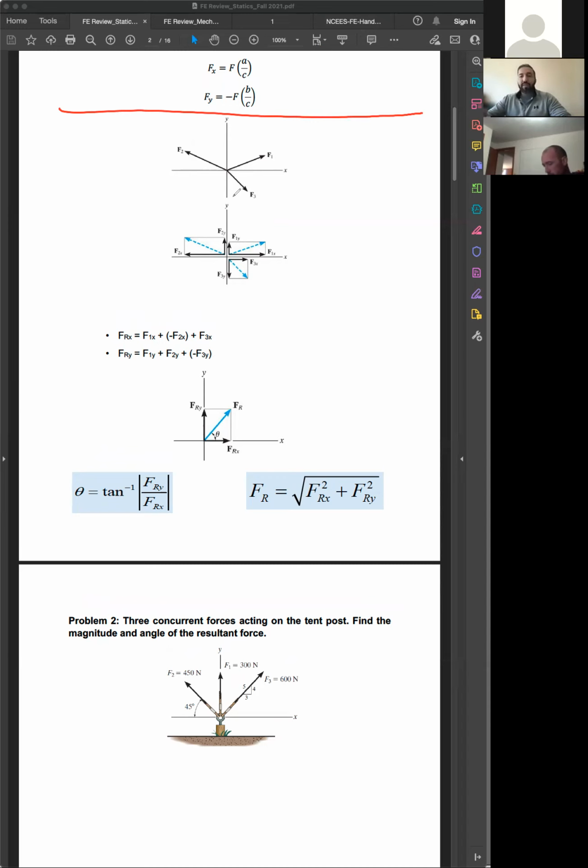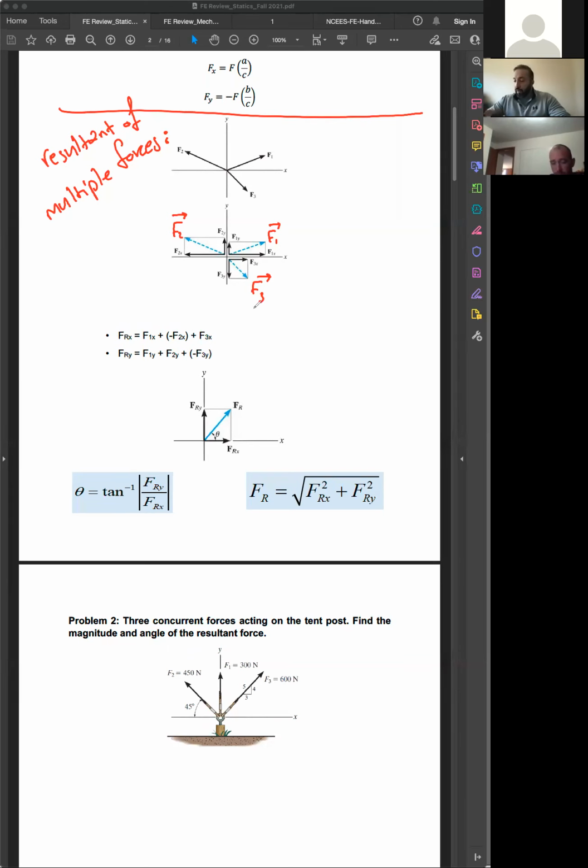Now I want to find the resultant of multiple forces. How can we deal with the resultant of multiple forces? If I have F1, F3, and F2, these are your original vectors, F1, F3, and F2.